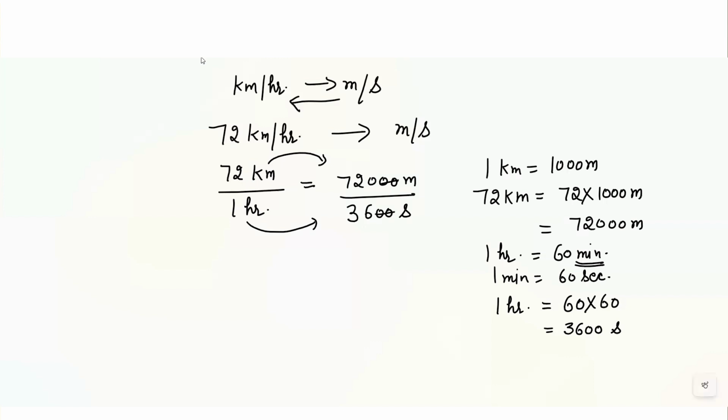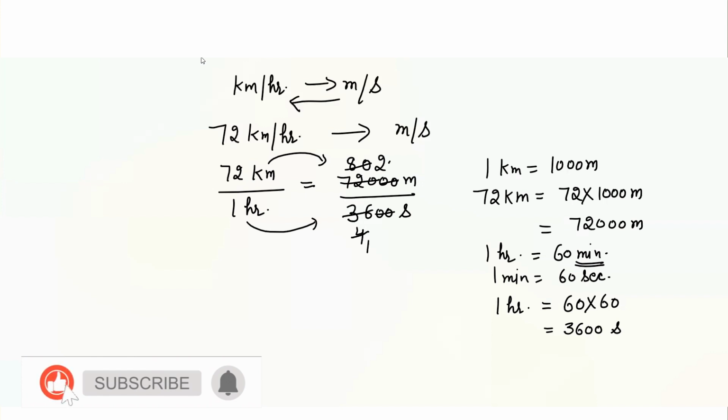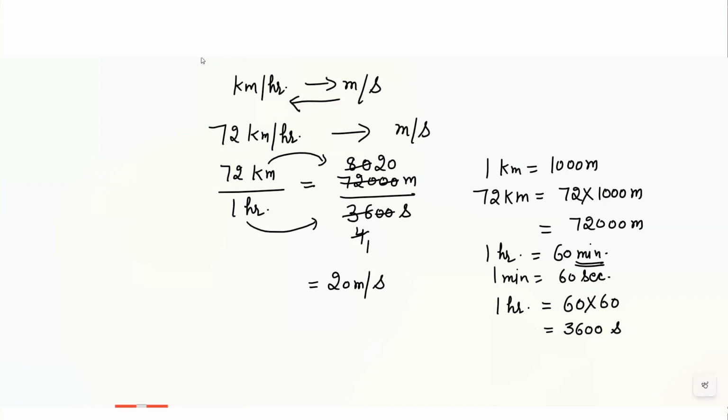Then if you want to simplify, you can simplify it with 9. 9 fours are 36, 9 eights are 72 and 0 will come here. Then 4 ones are 4 and 4 20s are 80. So finally the answer is 20 meter per second. That means 72 kilometer per hour is equals to 20 meter per second.